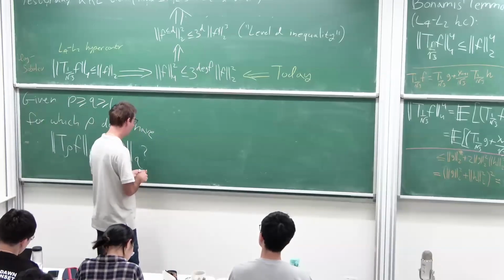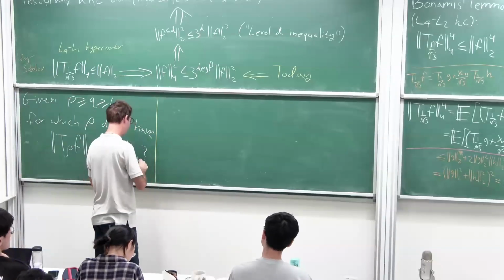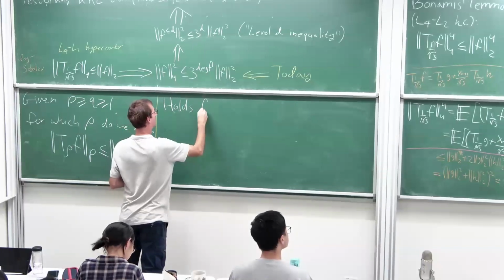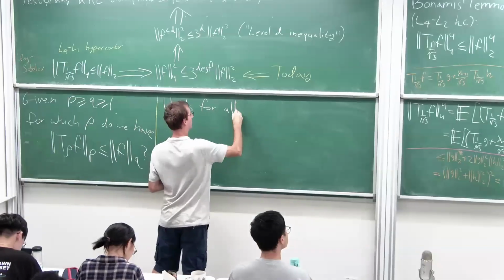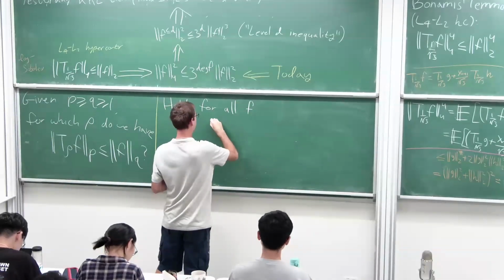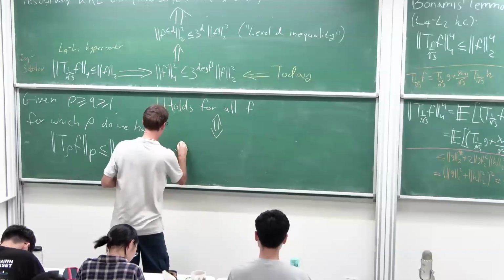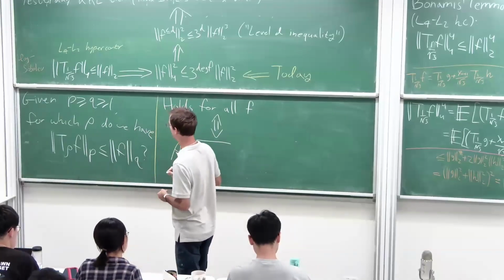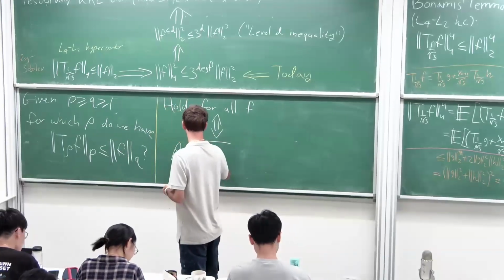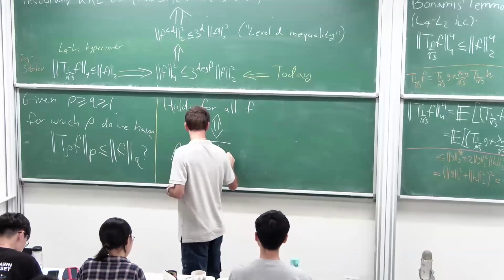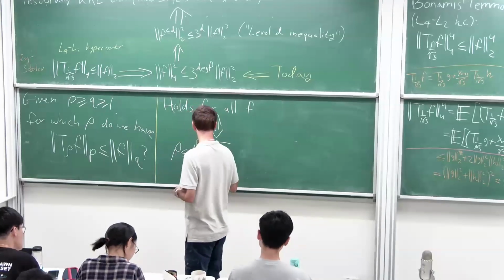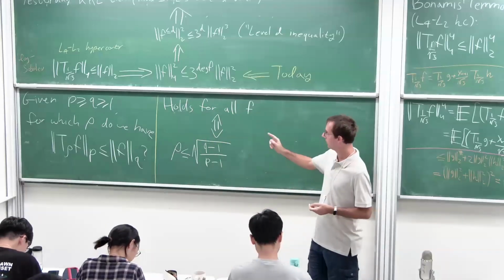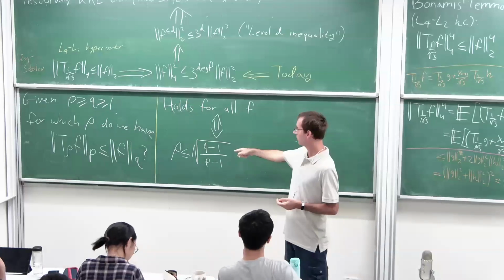So as it turns out, this holds for all F if and only if this rho is at most the square root of, so if I don't get it wrong, Q minus 1 over P minus 1. Okay, so if P is 4 and Q is 2, then you get 1 over square root 3.